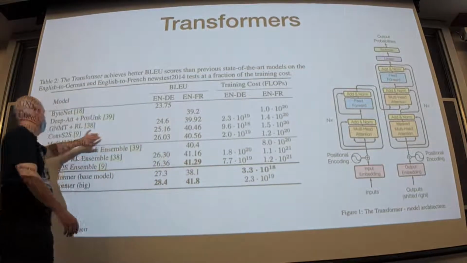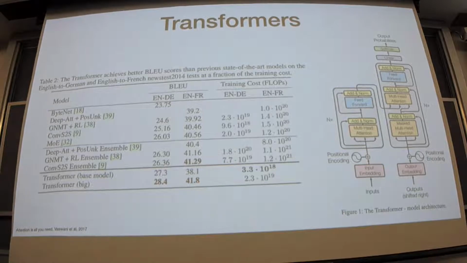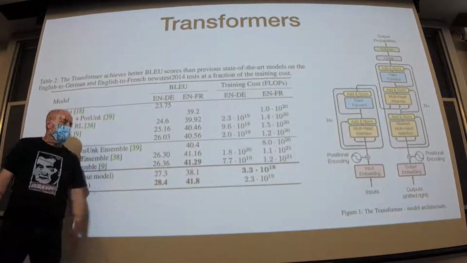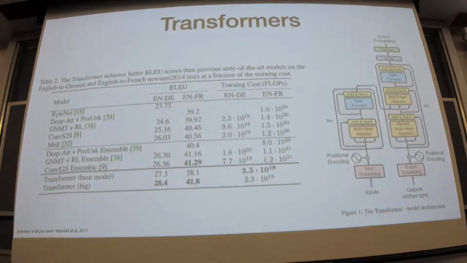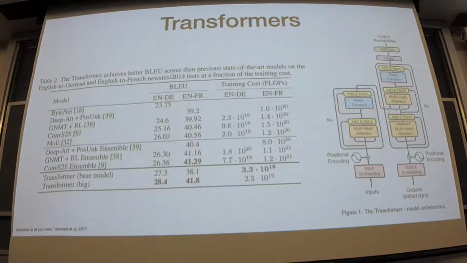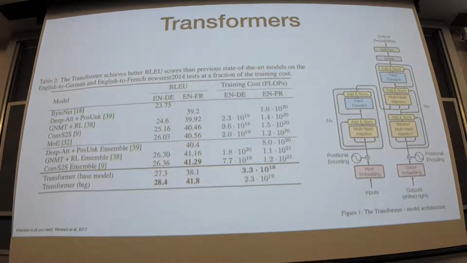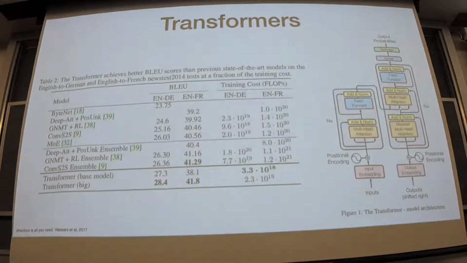S2S is the sequence to sequence, the thing that we've been looking at. But you can see that we get state-of-the-art BLEU scores here. So this was a big deal, a totally different kind of architecture, and also state-of-the-art scores.